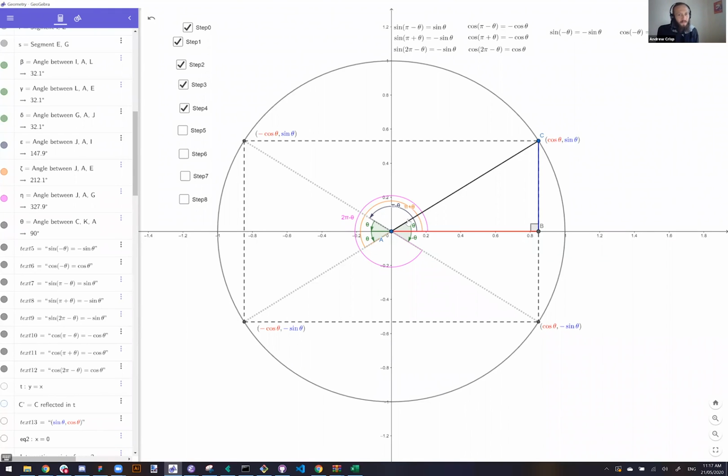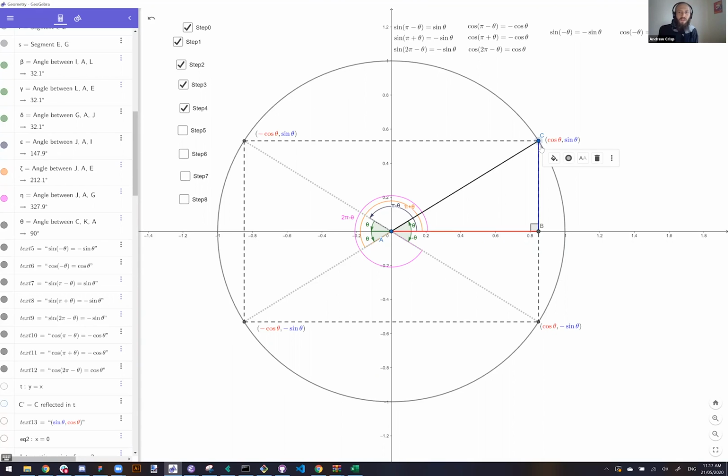So this is theta. That means that this point is pi minus theta, or the sine and the cos of that angle. What about this point? That's the one that I get when I go pi plus theta, and then that lands us over here. When I go 2 pi minus theta, that's the same as going minus theta, and that lands me over here.